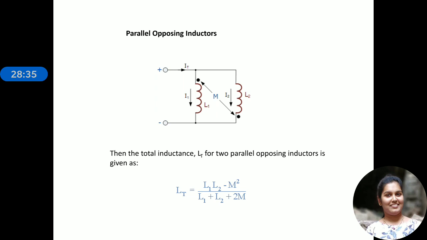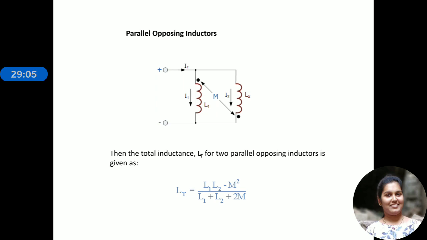So whenever you are asked to calculate inductance when inductors are connected in parallel, just remember 2 points, that is whether to consider self-inductance and whether to consider mutual inductance. If you want to consider only self-inductance, simply write the expression as 1 by LT is equal to 1 by L1 plus 1 by L2 up to 1 by Ln.